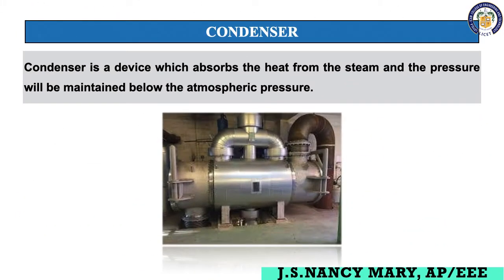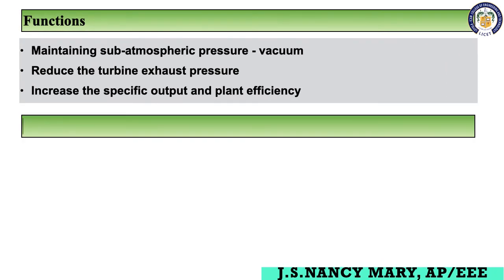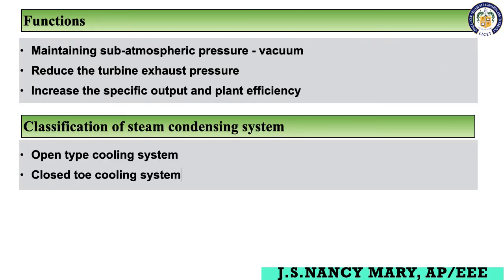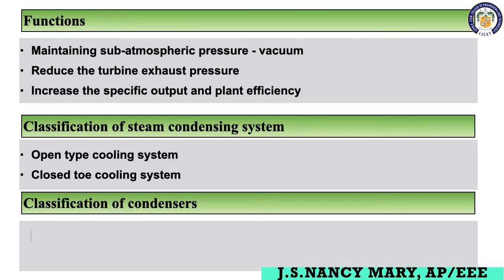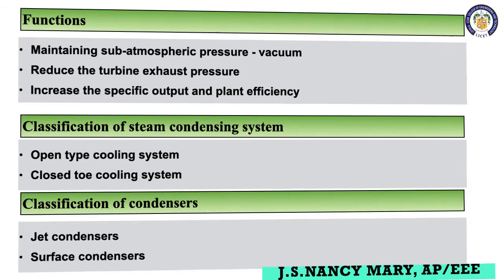Condenser is a device where we are going to absorb the heat from the steam and convert it back into the working fluid. So classification of the condenser: open type and closed loop type systems, and jet and surface condensers we are having. So what is the open type cooling system?